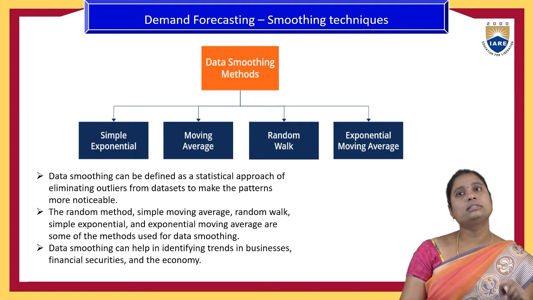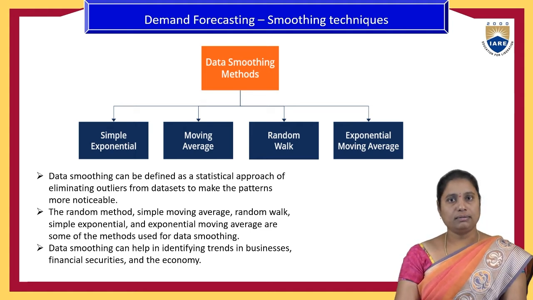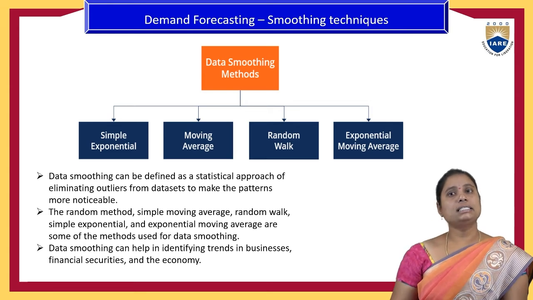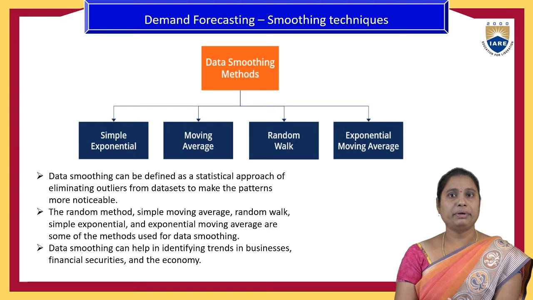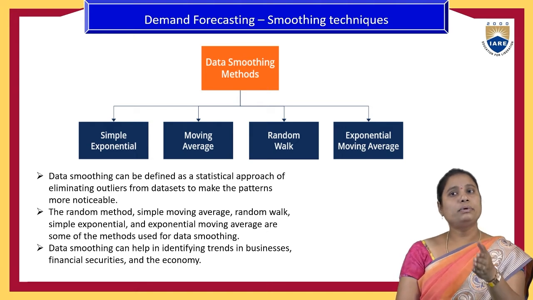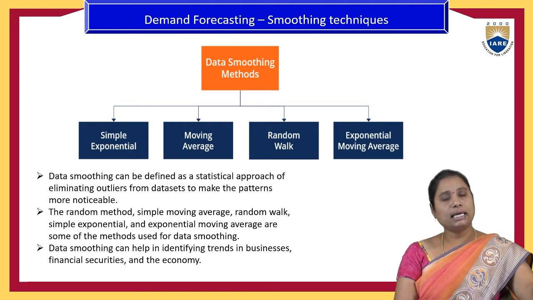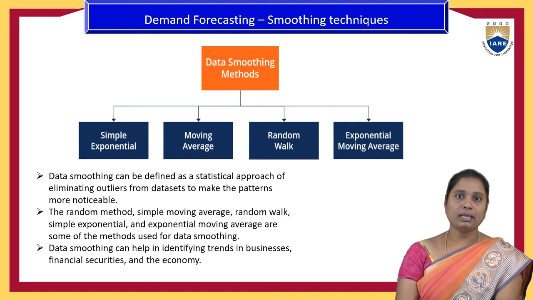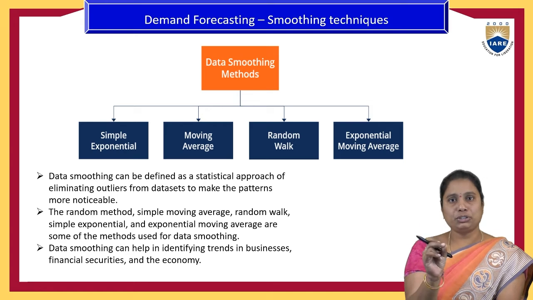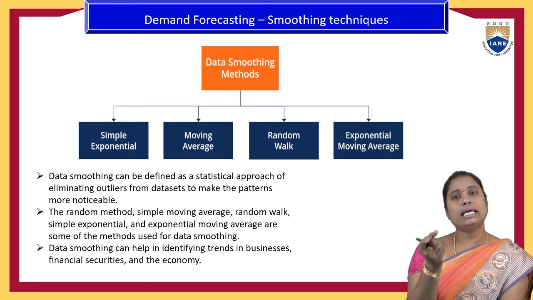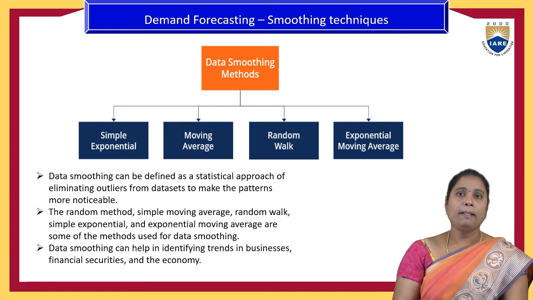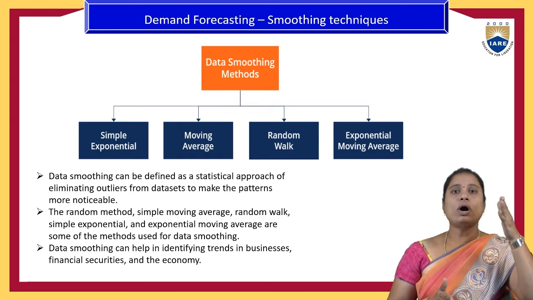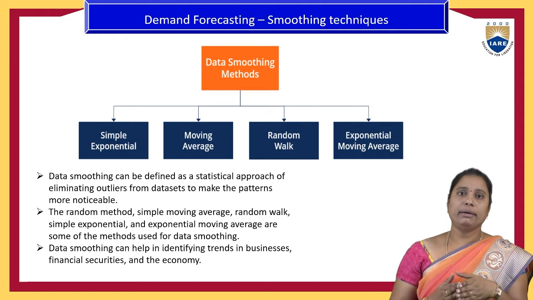The next one is smoothing techniques. Smoothing techniques are a statistical approach to the data, and they are simple, like time series analysis. Here also the data is collected, and on average, how the sales are increasing, or what the correlation is between one element and another.